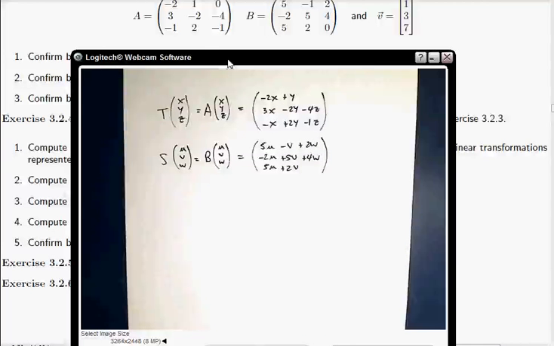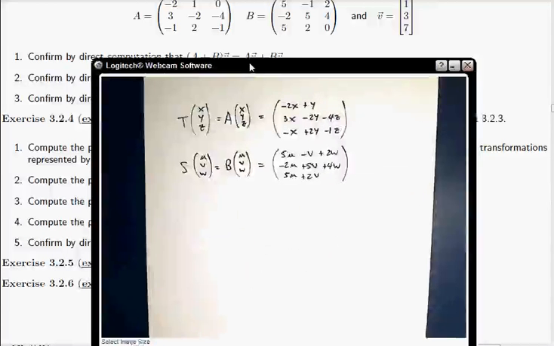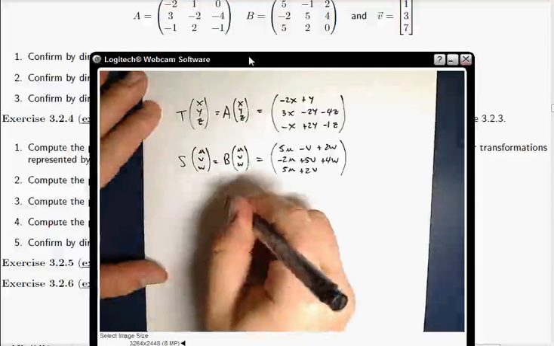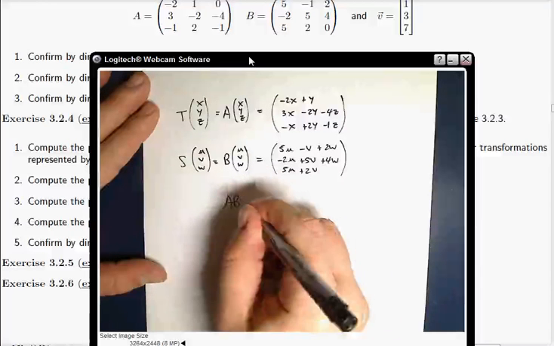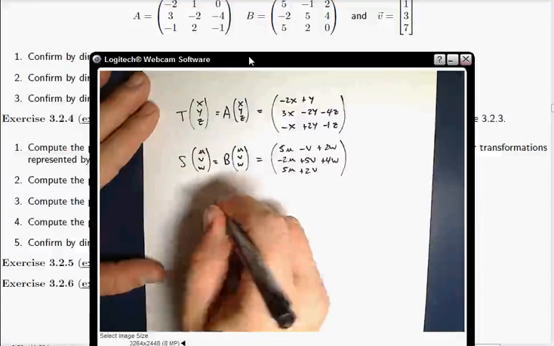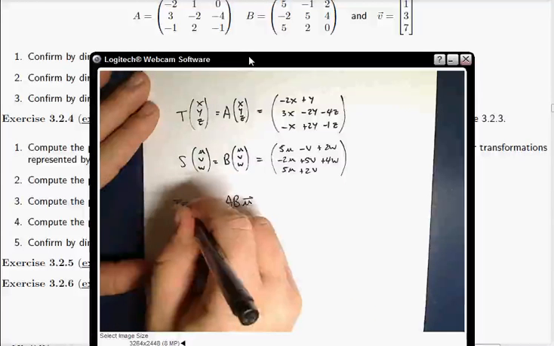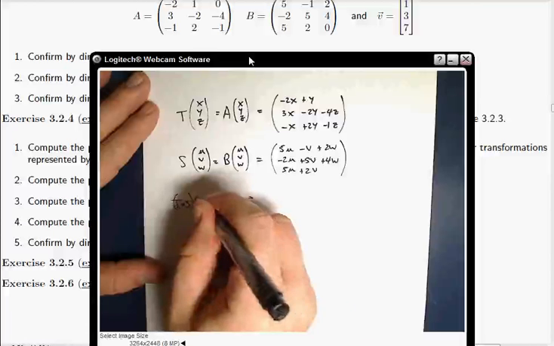And now we want to compute the product AB, and I claim that AB is what you multiply by something to get T compose S of that thing.